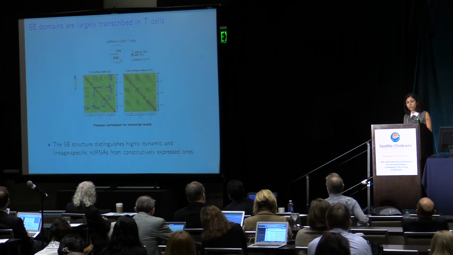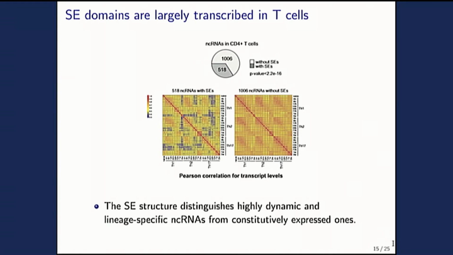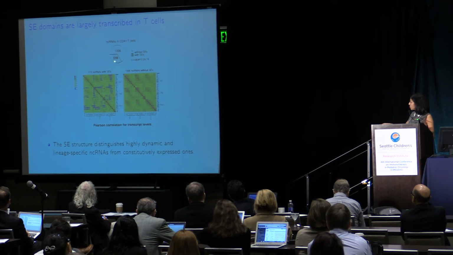And not only that, other interesting patterns emerge. It seems that these regions, these non-coding parts of the genome, are also highly transcribed. About 1/3 of the whole collection of non-coding RNAs that are expressed at some point during CD4 T cell differentiation have the characteristic of a super enhancer.